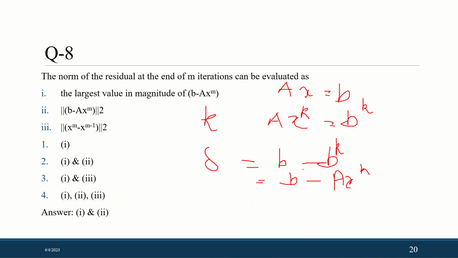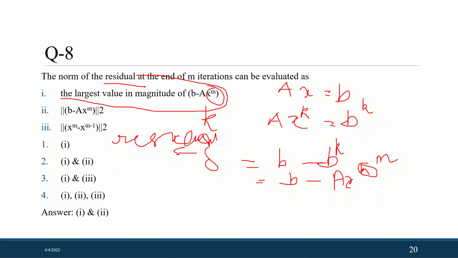For kth iteration this is the k, but for mth iteration it can be b minus Axm, rather than k we can substitute it as m. So this is the formula for residual. Residual is given by b minus Ax at mth iteration. So the norm of the residual is the largest value in the magnitude of b minus Axm or the b minus Axm 2. So the answer is both 1 and 2 are used to evaluate the norm of the residual at the end of m iterations.